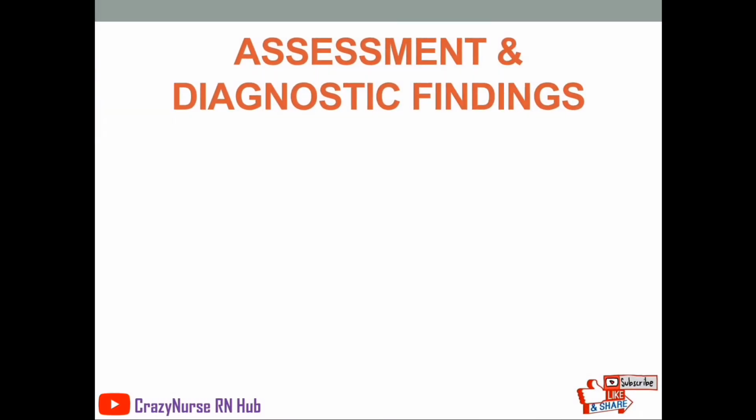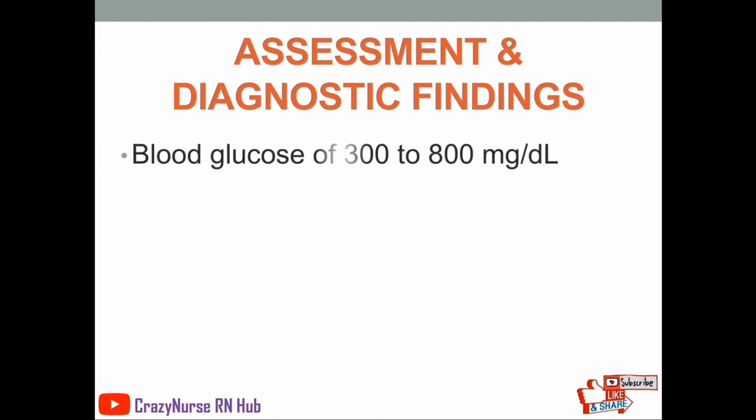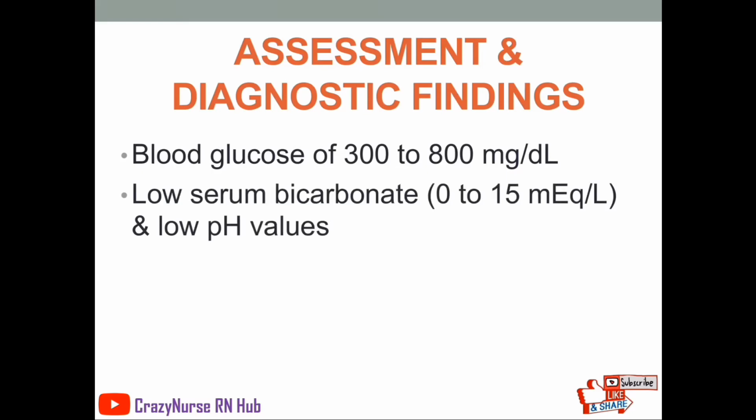For the assessment and diagnostic findings, patients with DKA have a blood sugar or blood glucose level of 300 to 800 milligrams per deciliter. They also have low serum bicarbonate ranging from 0 to 15 mEq per liter and low pH values because of the presence of ketone bodies.